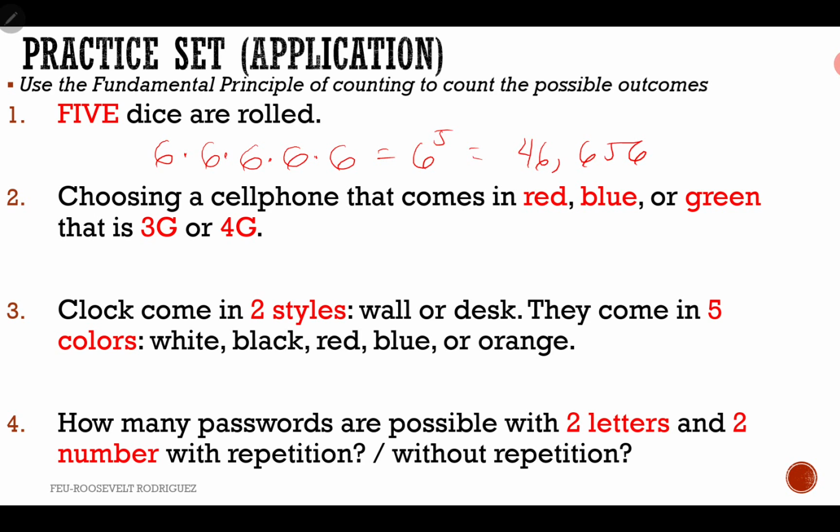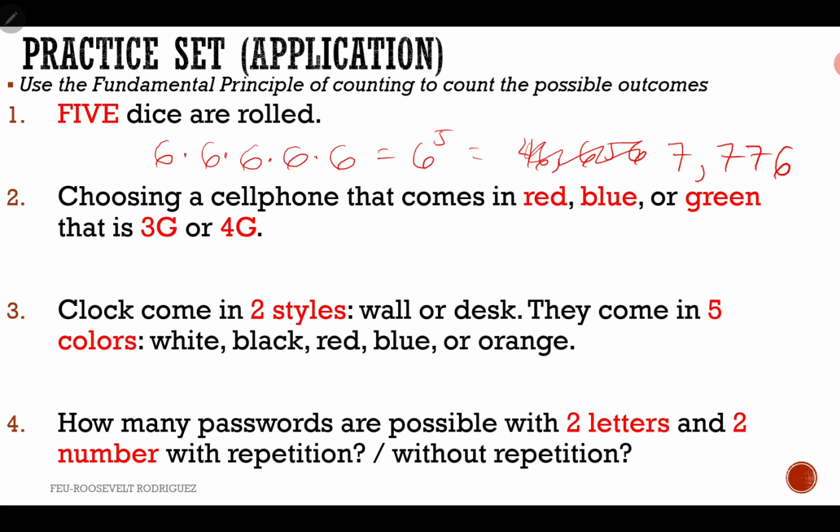Sorry, wait, that is for 6 times, I'm sorry. I used 6 dice for that answer. Since our question only has 5 dice, therefore the answer is 7,776. Okay, so that is our answer.